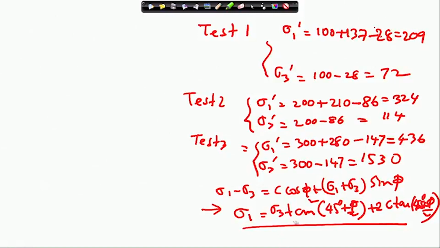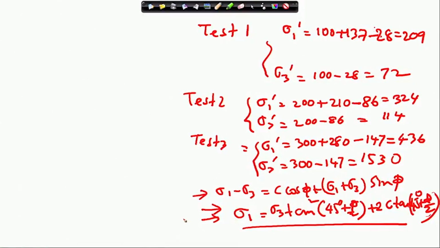Better I will clean this one. This is 45 degrees plus phi by 2. So this is the form I can use.